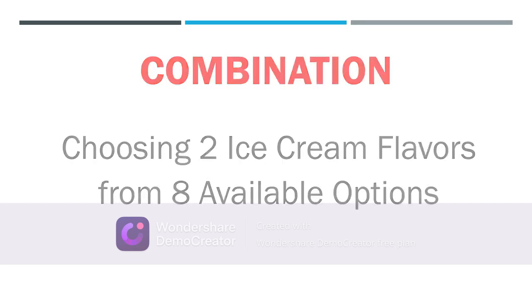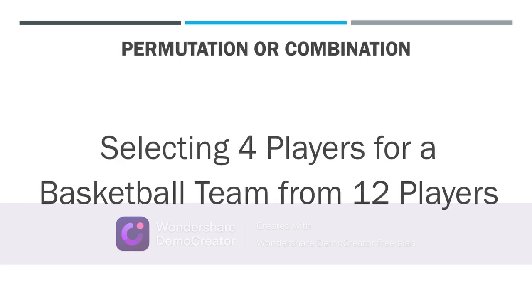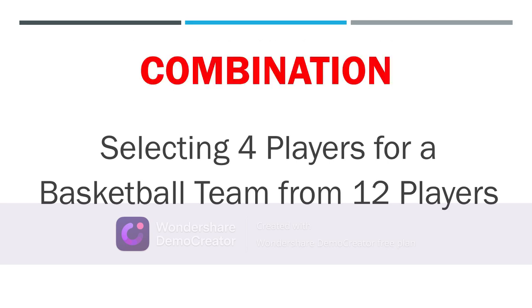This is combination. Selecting 4 players for a basketball team from 12 players. This is combination. The order of selection doesn't matter in this case. You are simply choosing 4 players out of 12, regardless of the sequence in which they are selected.